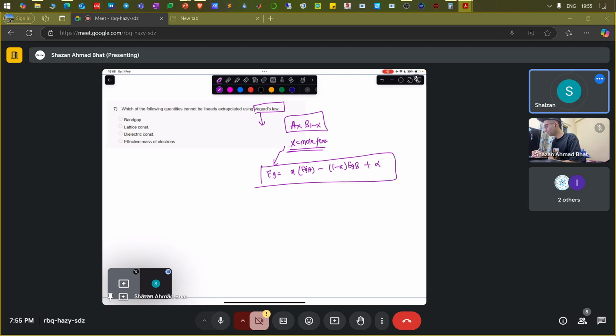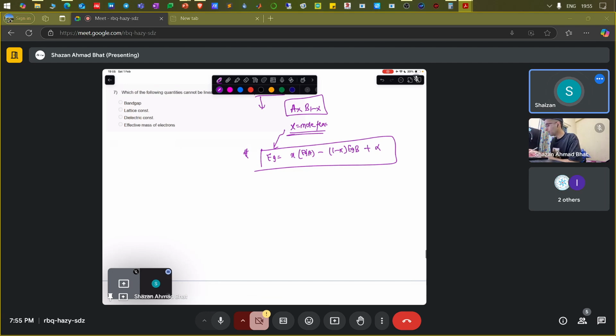This is just an empirical equation, a mathematical equation which you can use to approximately know the band gap of the overall material if you know the mole fraction. That is the simple thing.